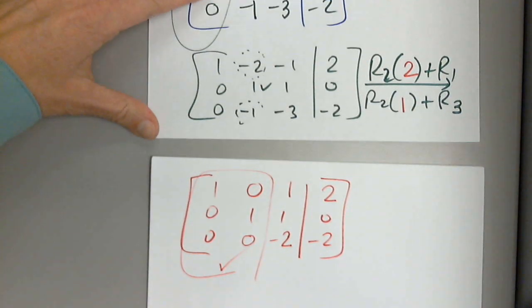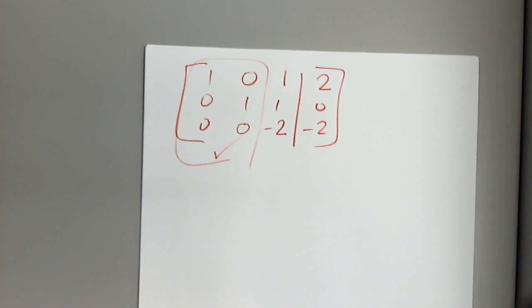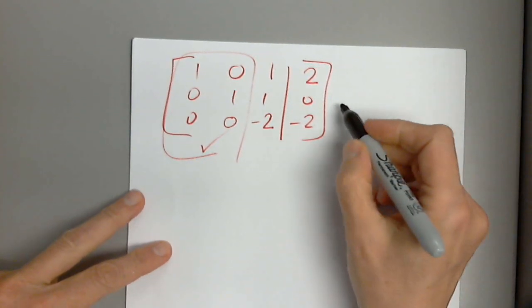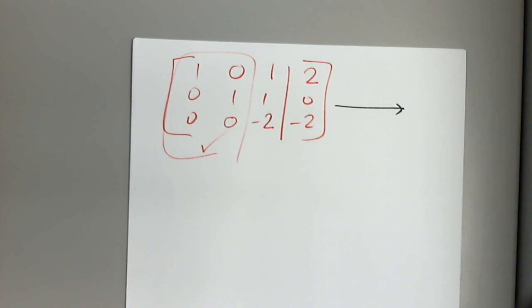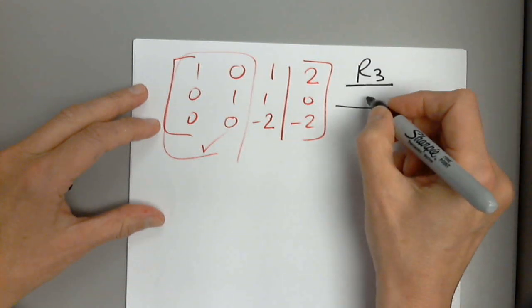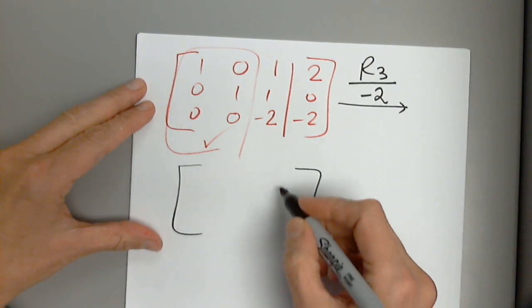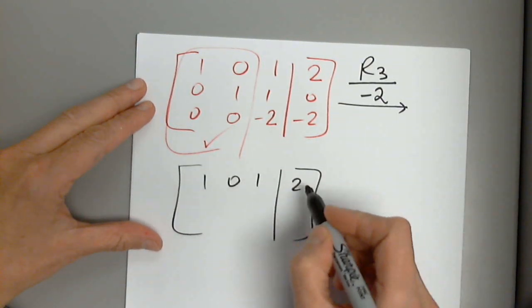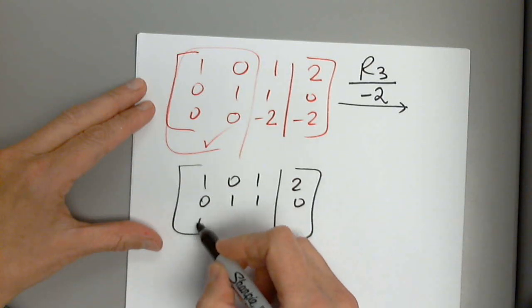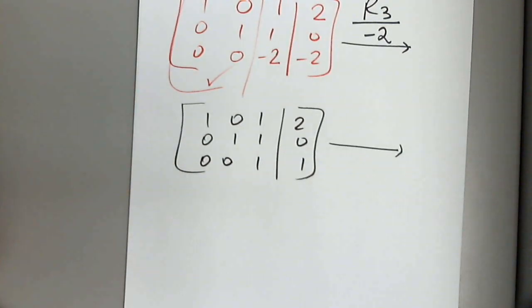Where am I now? What do I need to do next? So what do I do? One zero one two, 0 1 1 0, 0 0 1 1. Which row do I have to use now?